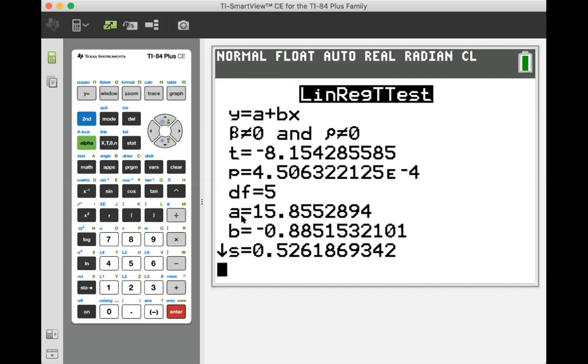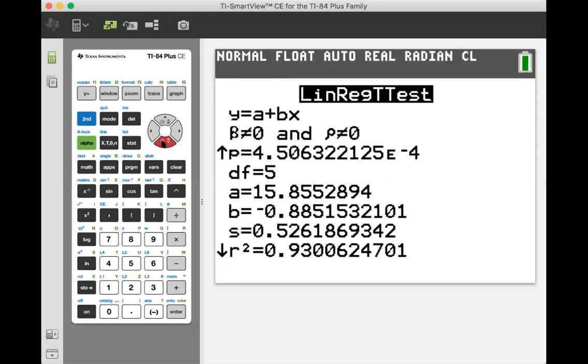And if that's the case, looking back at our little table for prediction purposes, we need to use this a and b as our model, 15.855 plus negative 0.885x. That's going to be our prediction equation.